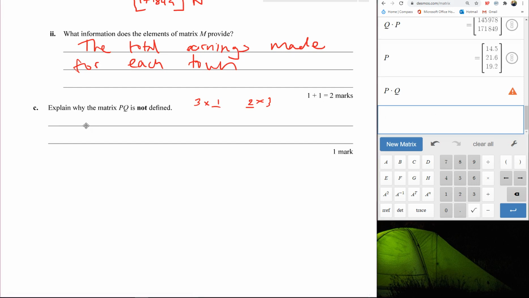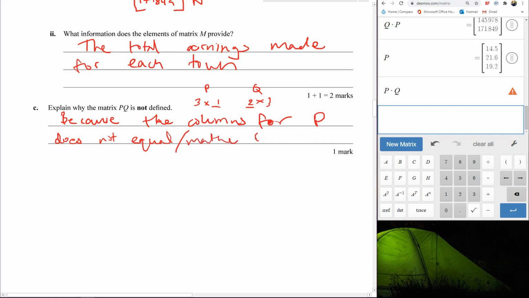You would say that the columns of matrix P do not equal or match the rows of matrix Q.